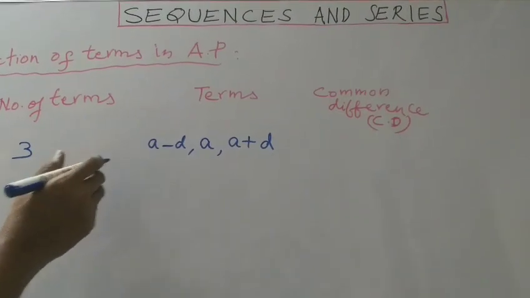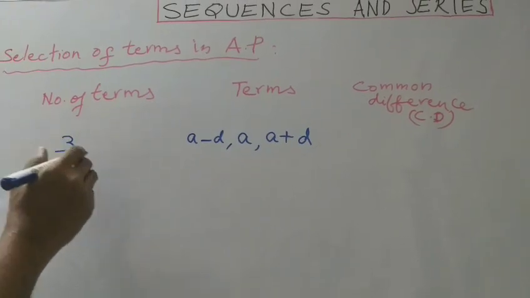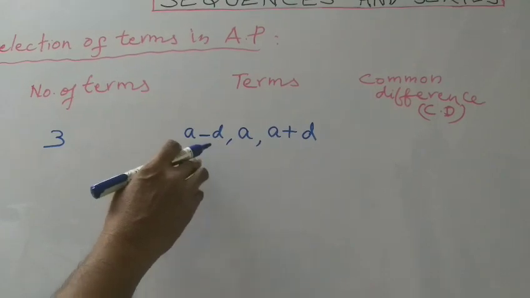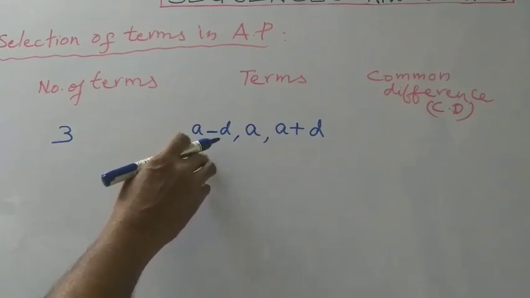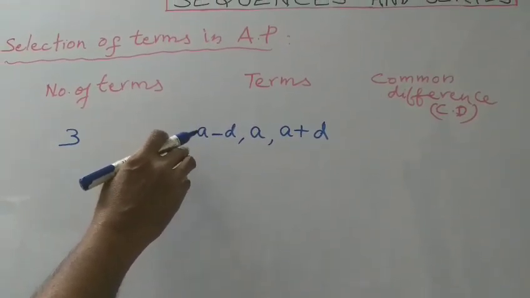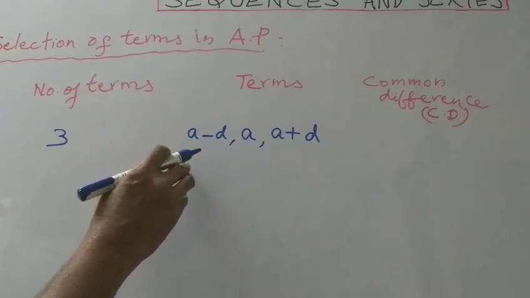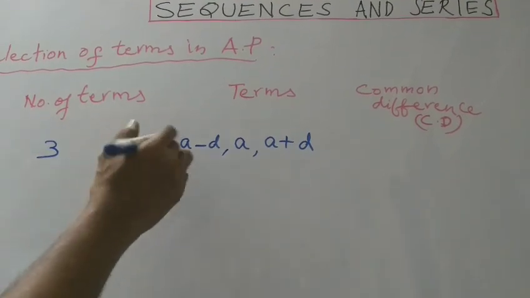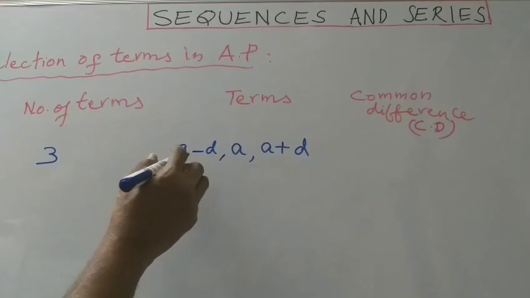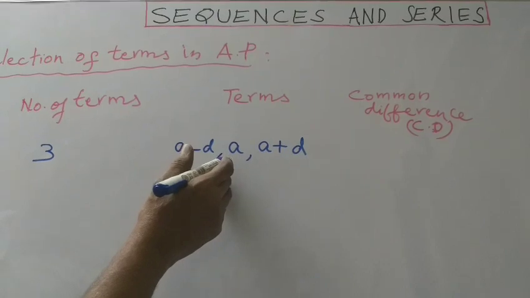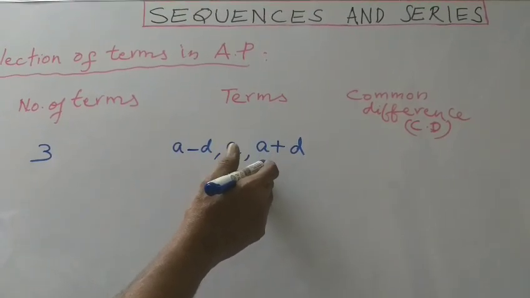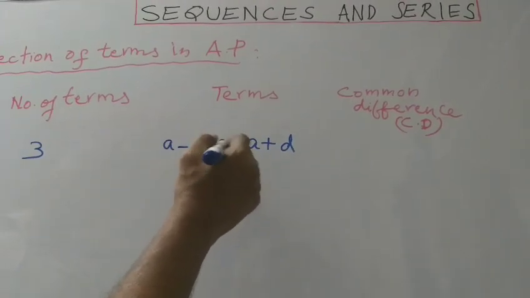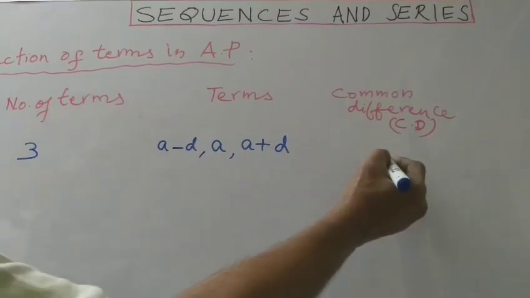The common difference of these 3 terms we have to describe now by taking any 2 terms, t1 t2 or t2 t3 and so on. So here the first term is a minus d, second term is a, third term is a plus d. The common difference of any of these 2 terms is d.